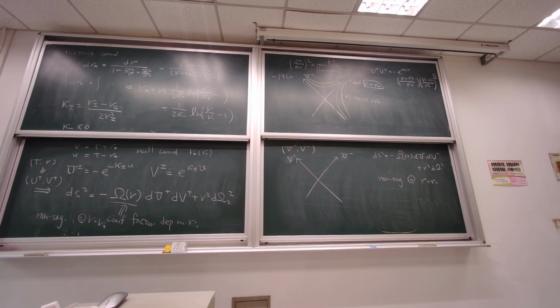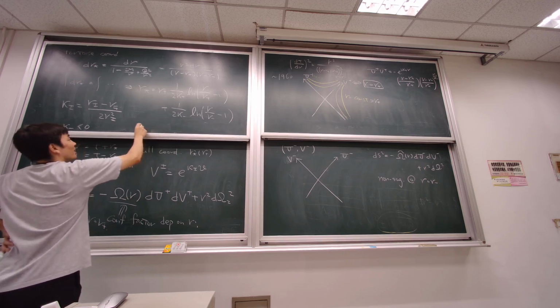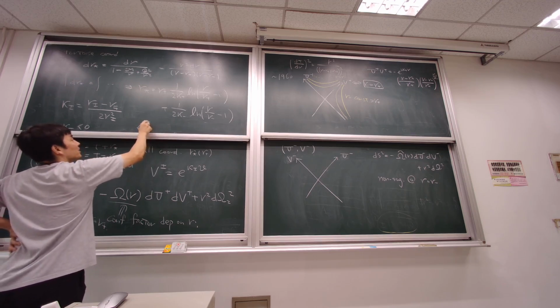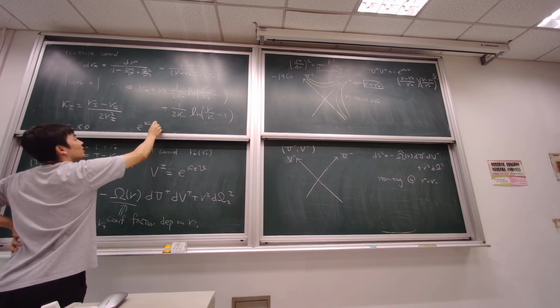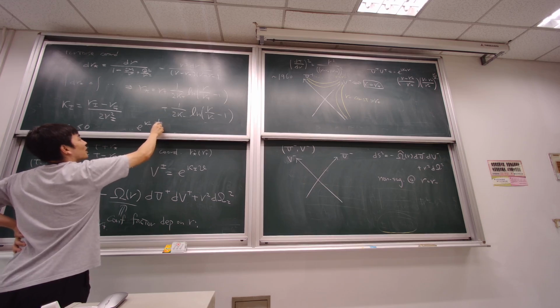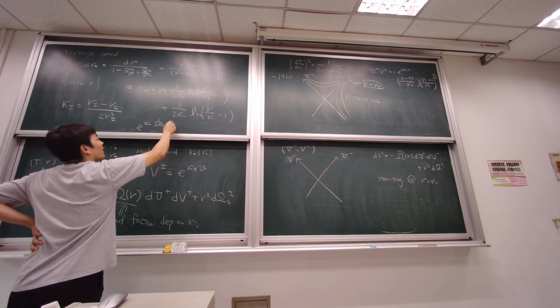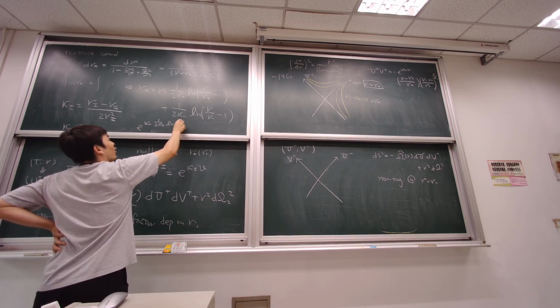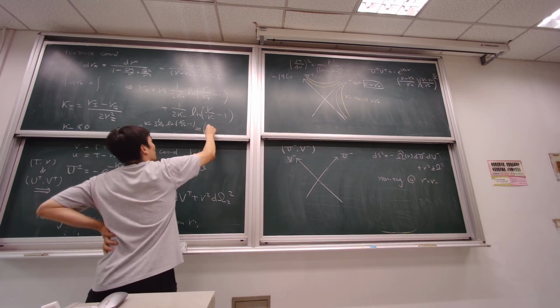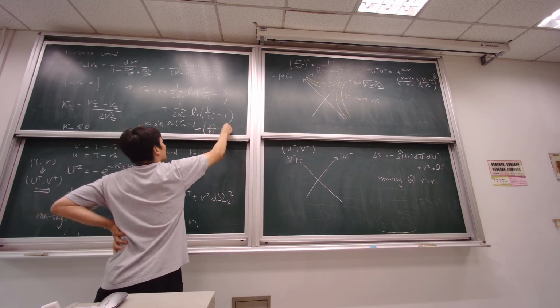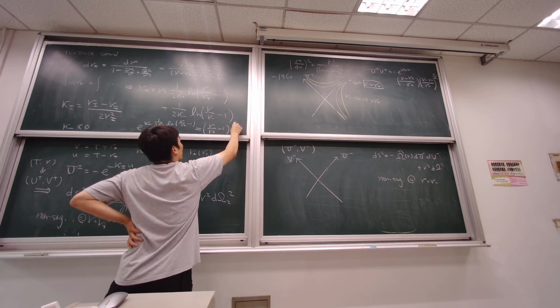For instance, if you put kappa minus and plug that into here, you get 2 kappa plus and ln r over r plus 1, and this is equal to r plus minus 1, and then kappa 1 inverse 2 kappa plus.